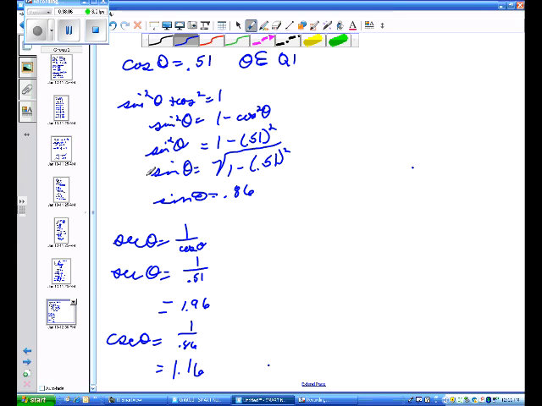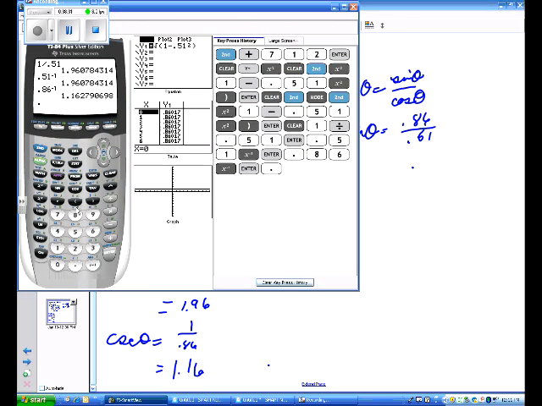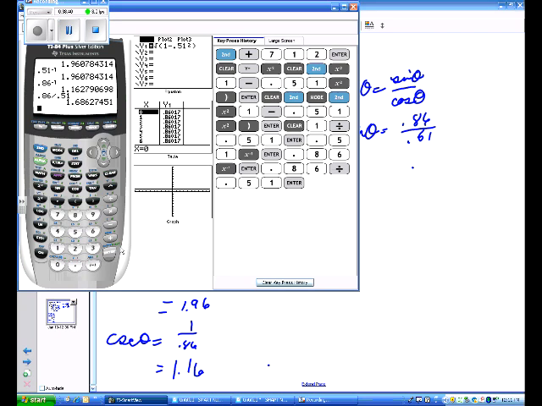So we have cosine, sine, secant, and cosecant. Our tangent is equal to the sine over the cosine. So tangent would be equal to sine, which is 86 hundredths, over the cosine, 51 hundredths. Going to our calculator, 86 hundredths divided by 51 hundredths is 1.69.